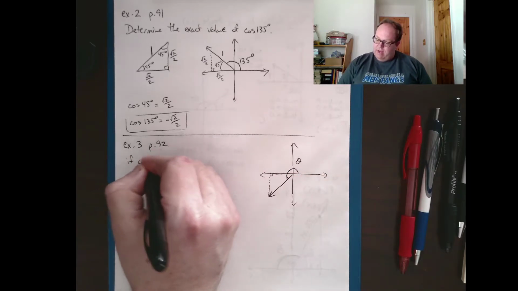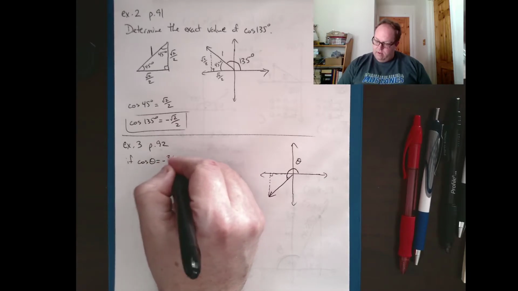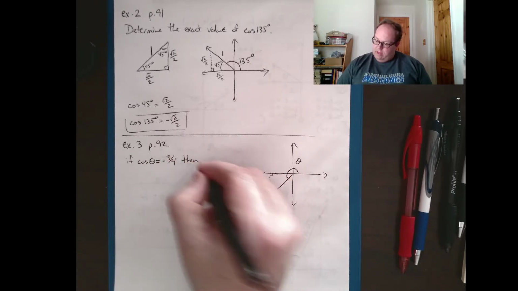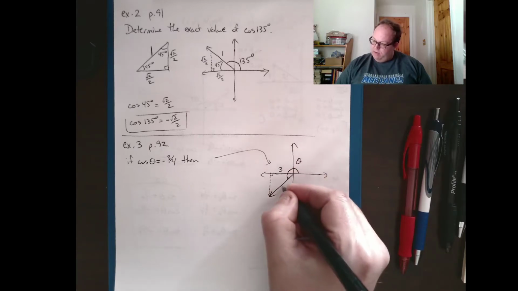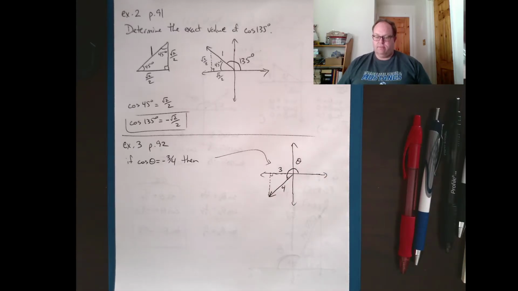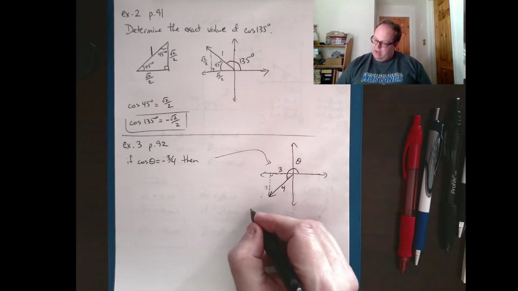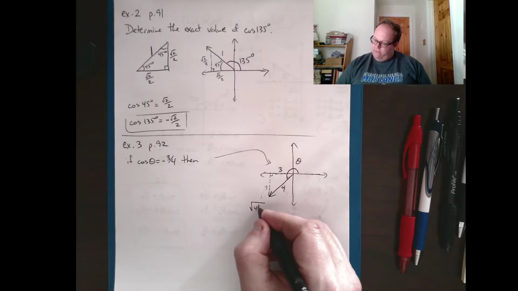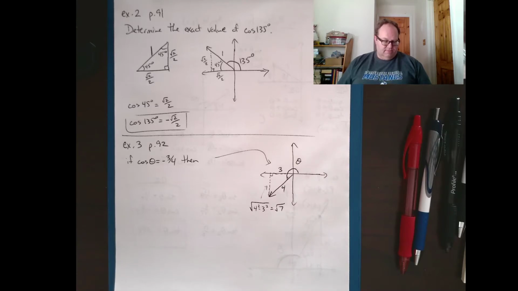If cosine of theta equals negative 3/4, then my triangle that I've got here has got sides, adjacent side 3, hypotenuse of 4. Working backwards, Pythagoras would tell me this side is the square root of 4 squared minus 3 squared, or the square root of 7.